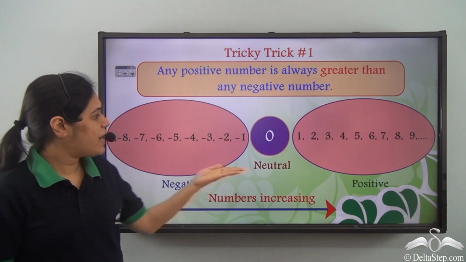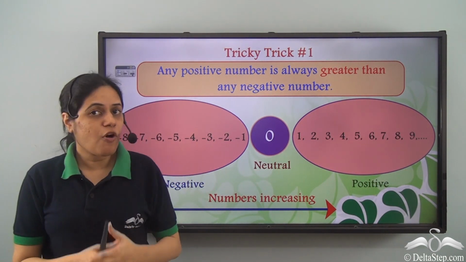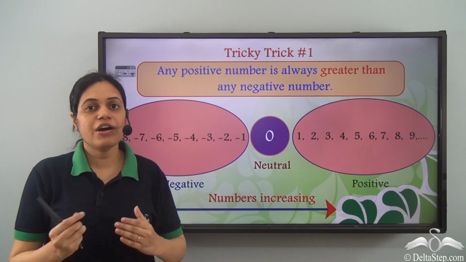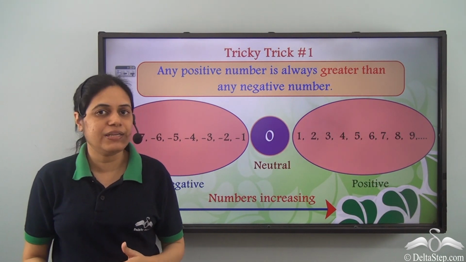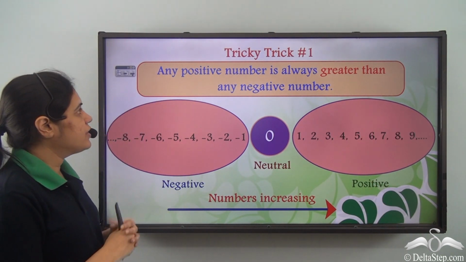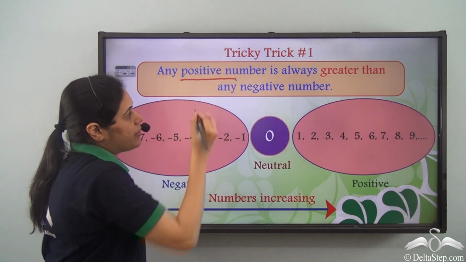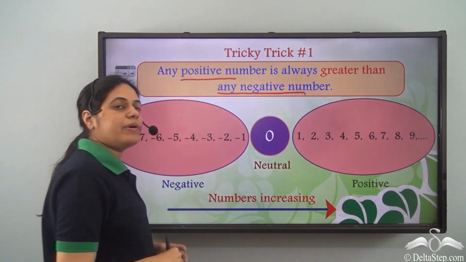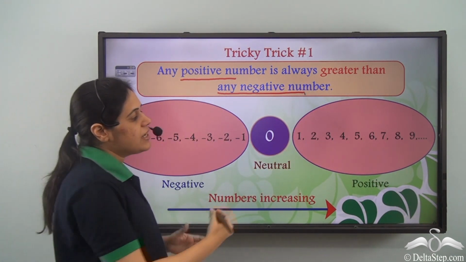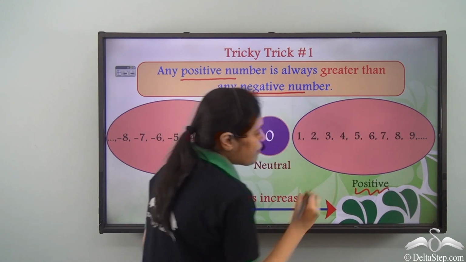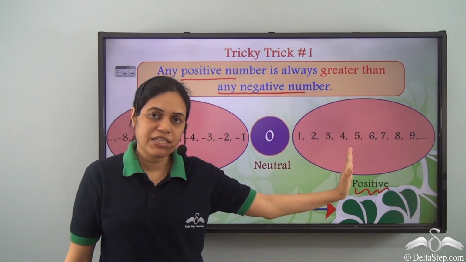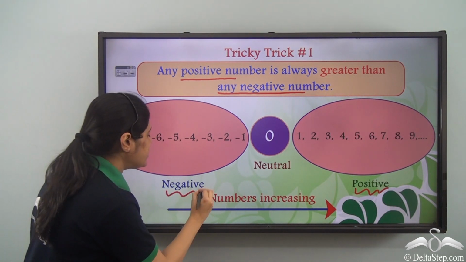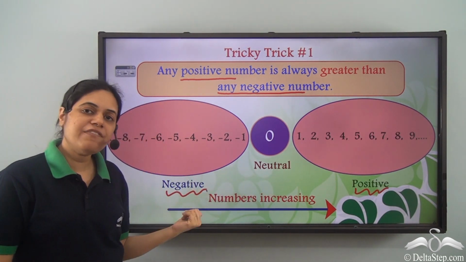Now, just by looking at this, we can formulate certain rules or tricks which will help us arrange these integers quickly. So what is the first trick? Any positive number is always greater than any negative number. All the positive numbers are towards the right, and all the negative numbers are towards the left.